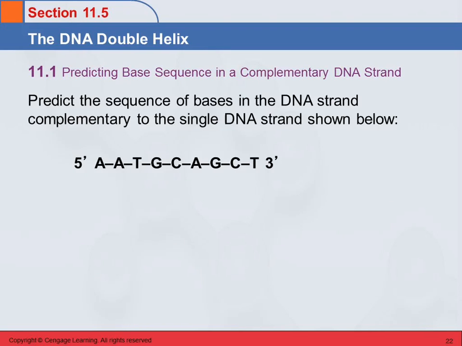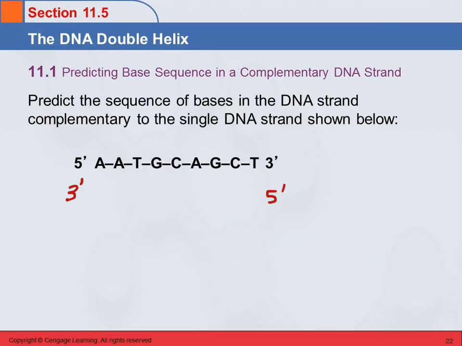Predict the sequence of bases in the DNA strand complementary to the single strand shown. So generally when we're doing something like this, we're going to write the second one backwards. But we need to indicate, okay, this is the 3' end and this is the 5' end, because that's how they're going to be matched up.